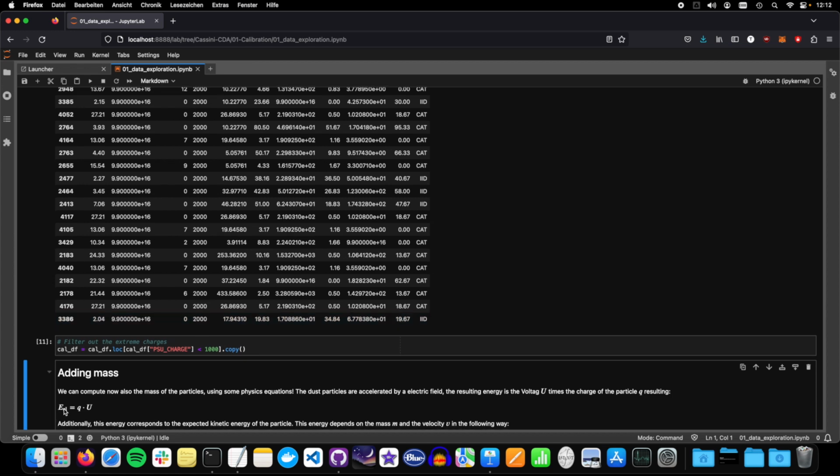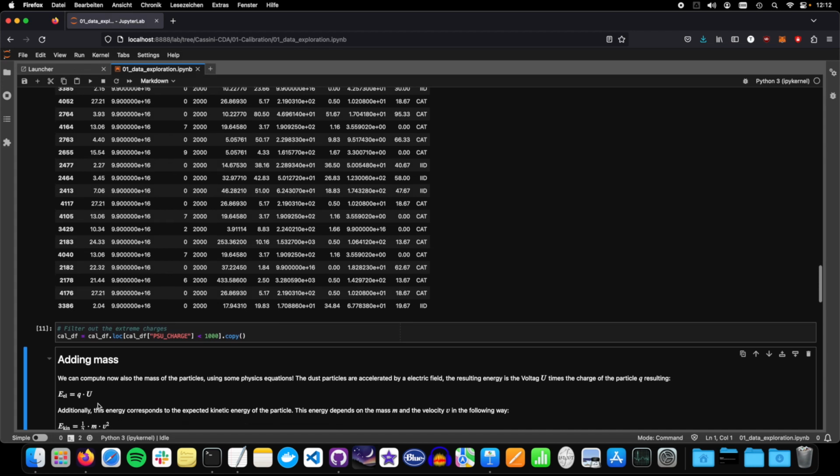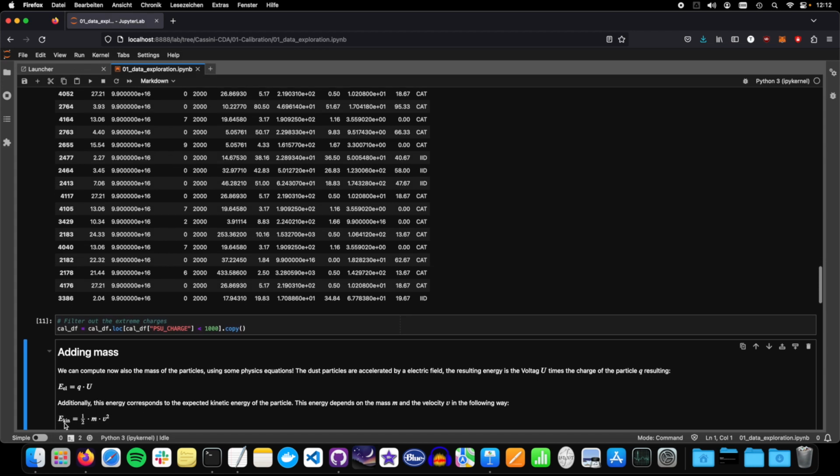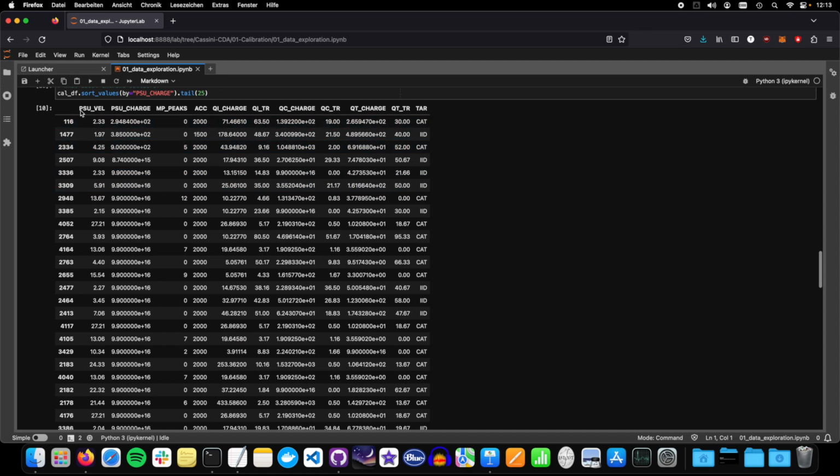This energy from the electric field is equal to the kinetic energy of the particle, and the kinetic energy of the particle is 1/2 the mass of the particle. This is the value we are looking for, times the velocity squared, and the velocity is also provided by the particle selection unit in kilometers per second.